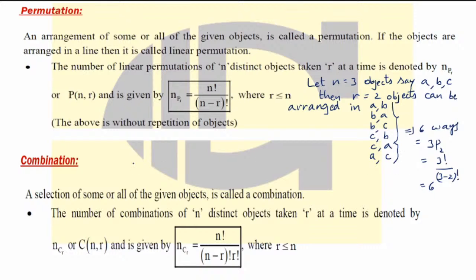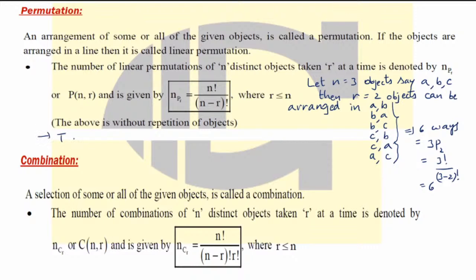Okay. Now, the next one is, suppose I take all the given n objects, they can be arranged in how many ways? n factorial ways. That is the number of linear permutations of n distinct objects taken all at a time. That I am writing here.